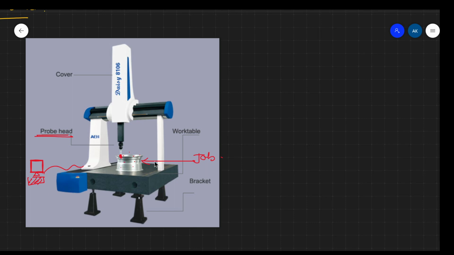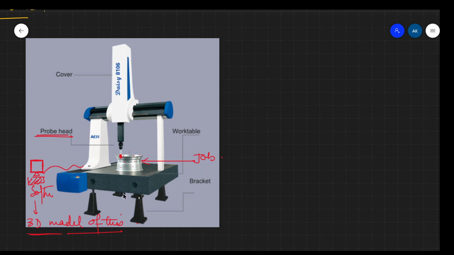Similarly, all the coordinate points will be taken into this computer, and then by some software, you will get an approximated 3D model of this. Then this 3D model is compared to the job, and the inaccuracies are estimated.